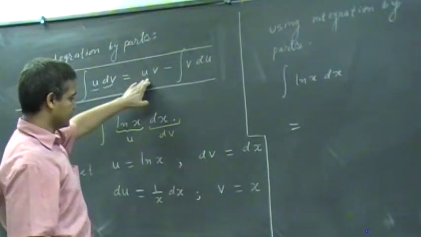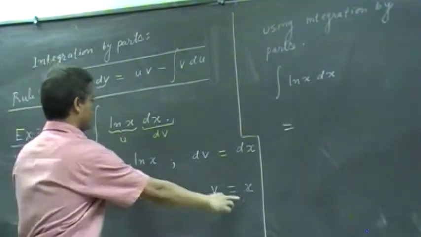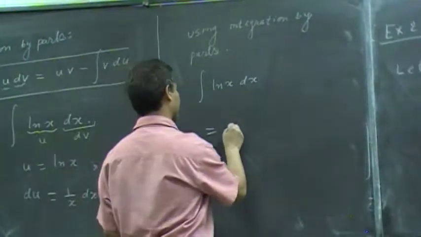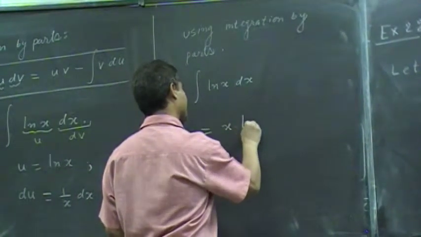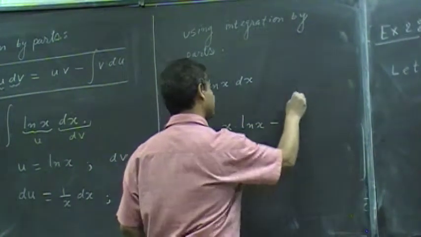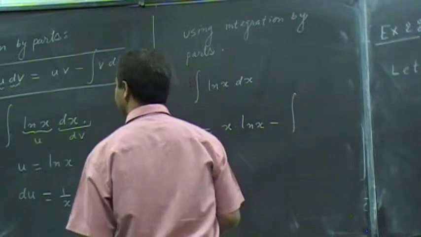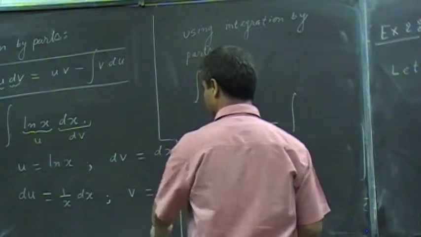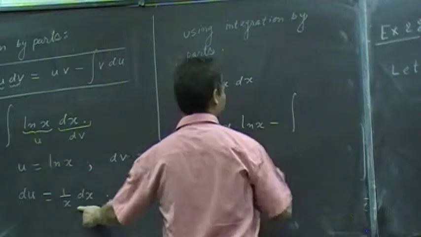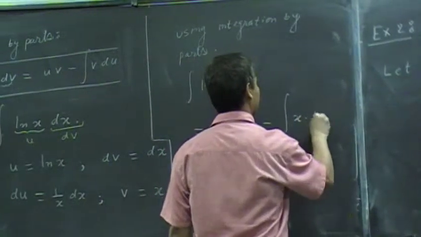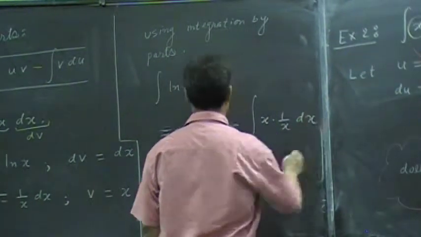We are going to use this u times v, x times natural log of x, minus the integral of v du. What is v? x. du, x times 1 over x dx.